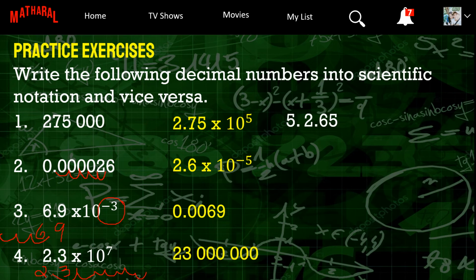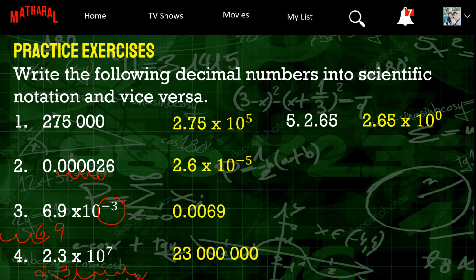Ayan po siya. So, number 5 is one of the tricky numbers, decimal numbers that need to be rewritten or expressed in scientific notation. Since 2.65 is in final form, dahil yung decimal point ay nasa pagitan ng first significant digit at ng sumunod na digit, ganito po ang representation niyan.